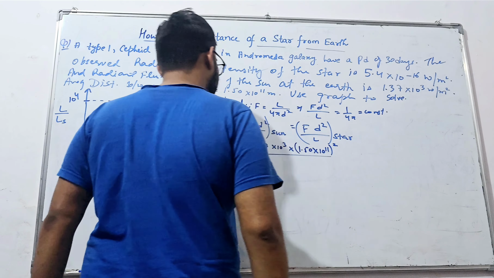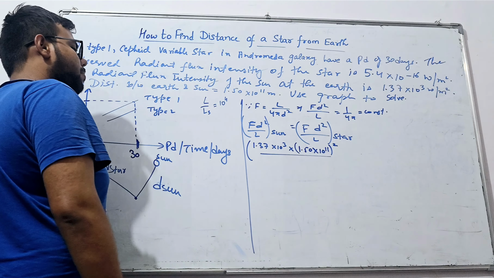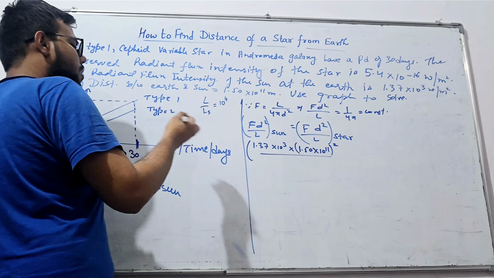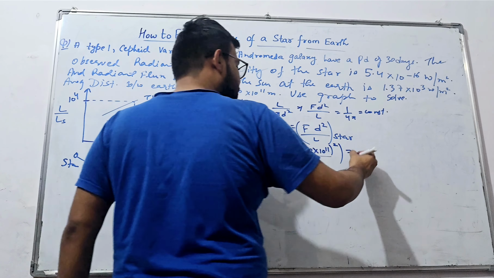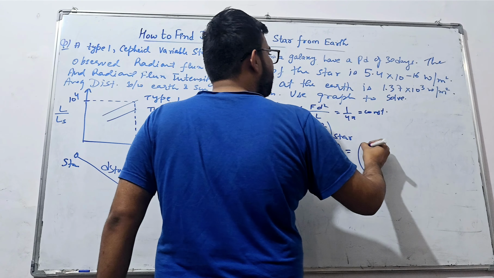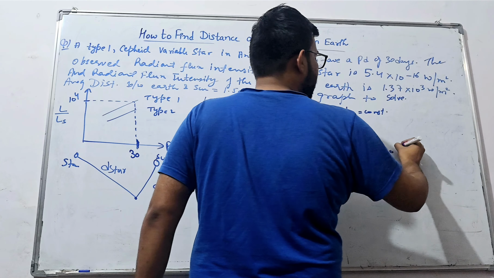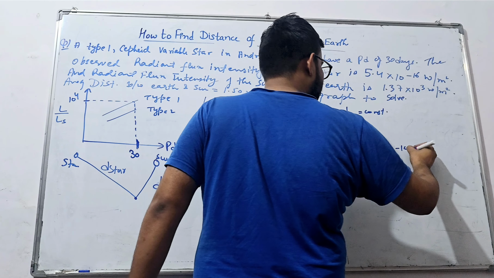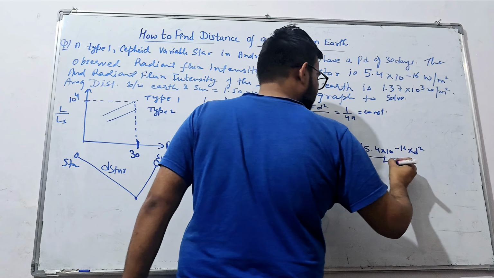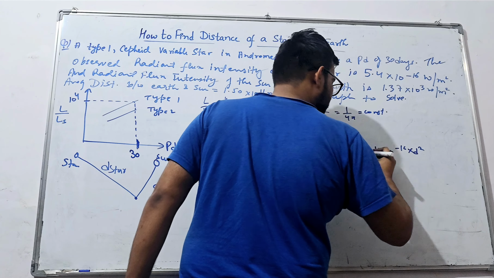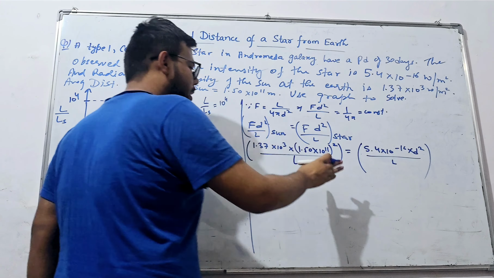Squared, divided by, what is L? Let me write it as Ls only, is equal to 5.4 × 10^-16 × d² upon L, right? Let me write it properly, upon L, like this.